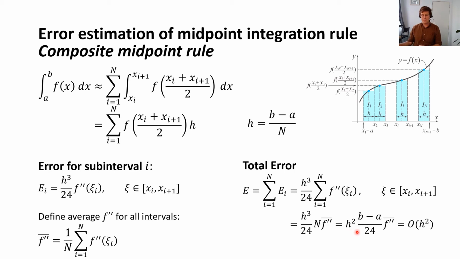And we see that this error is directly proportional to h squared. So that means that this is a second order method. If we are able to divide h by a factor, let's say 2, so we take twice as many subintervals, then the error will decrease by a factor 4. That is what such a second order accurate integration method is.